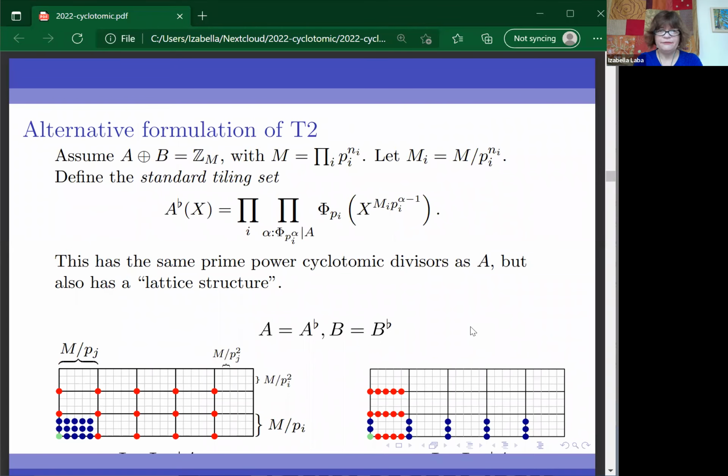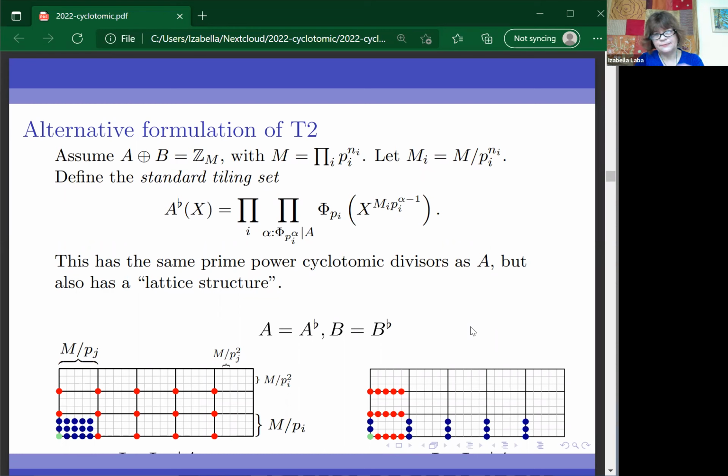If you had trouble parsing that second condition, which I would not be surprised because I had a lot of trouble parsing that condition when I first started reading about it, then here's a more geometric interpretation of the same condition. So let's assume that we have a tiling A plus B is Zm.